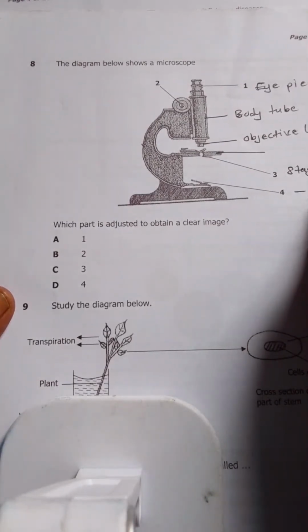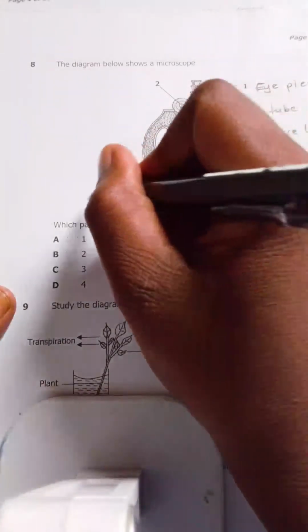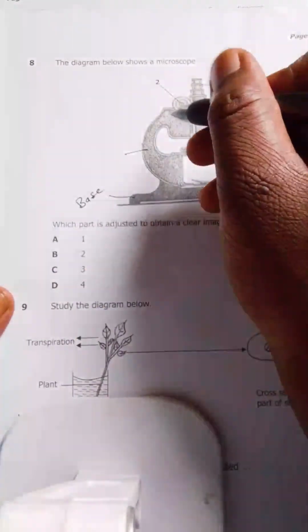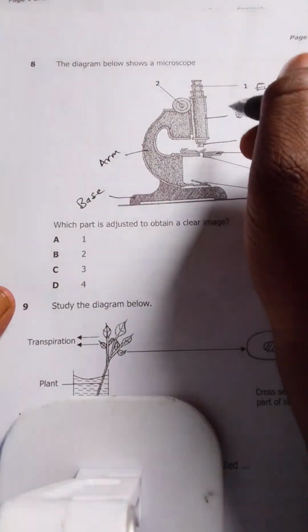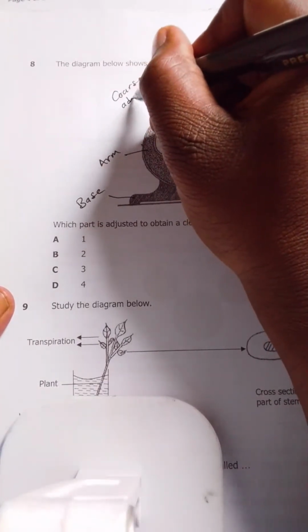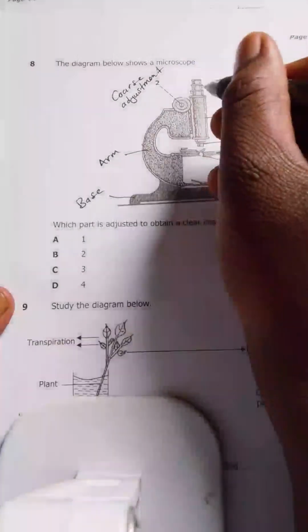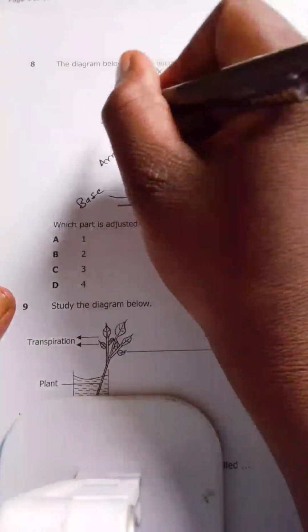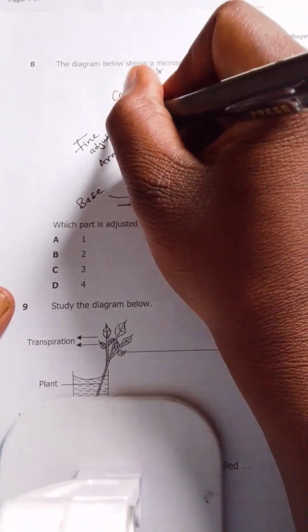Then we have the mirror. You also have the base. This is the base. Then we have the arm. Then we have the coarse adjustment. Then if we take a smaller one, is what we call the fine adjustment.